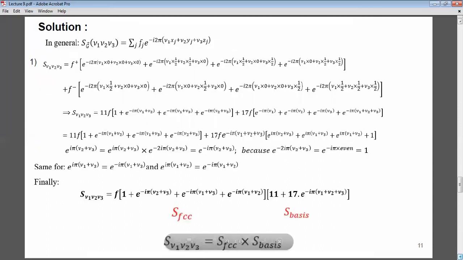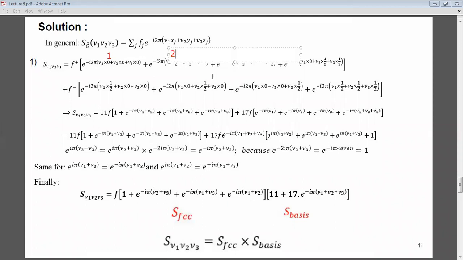I'm going to read it actually because I did it here clearly. So the S_j is the summation over j for these 8 atoms. So I have here the first atom, the second atom, the third atom, and the fourth atom. These are the sodium ions that have f plus, and these are the chlorine atoms.